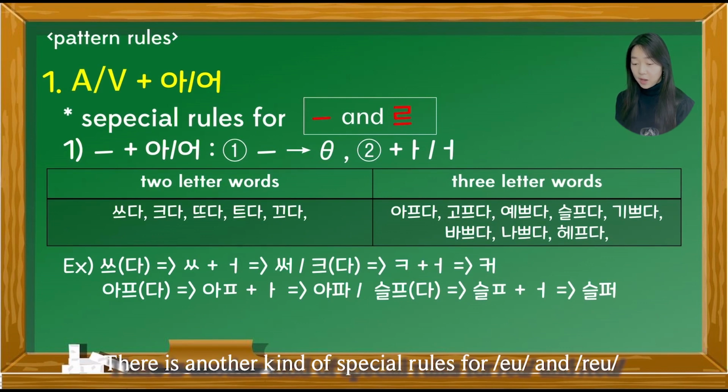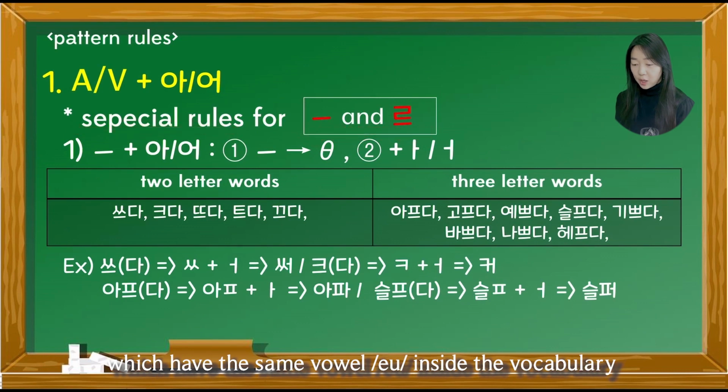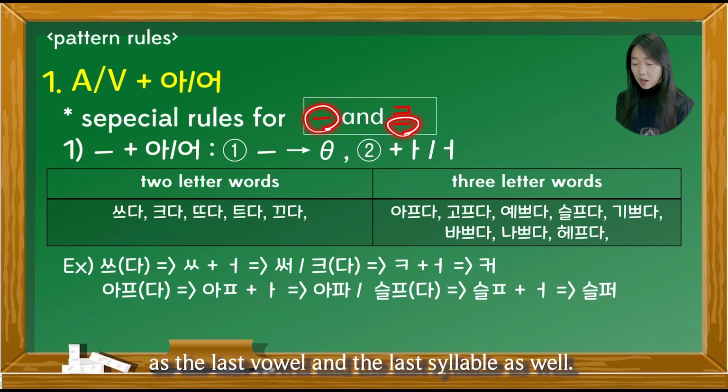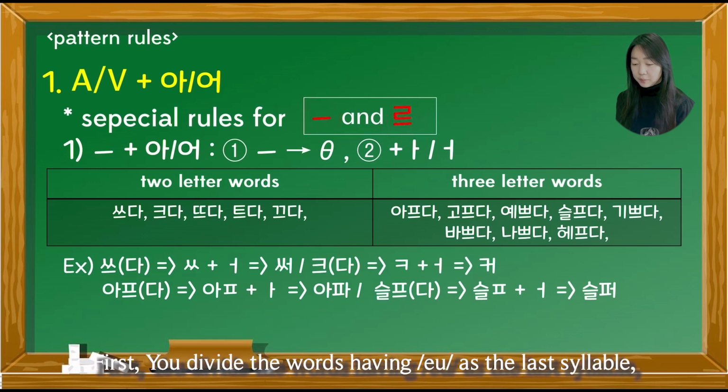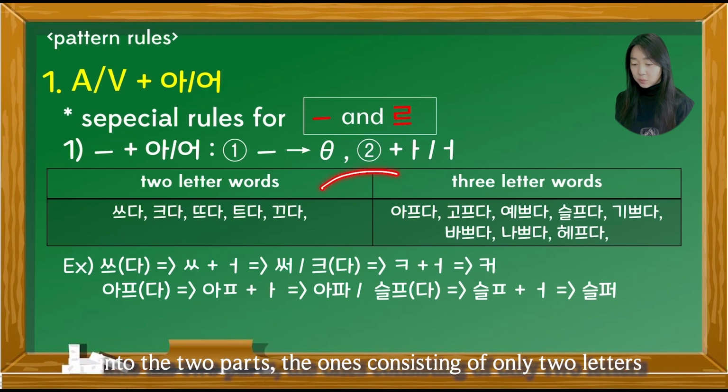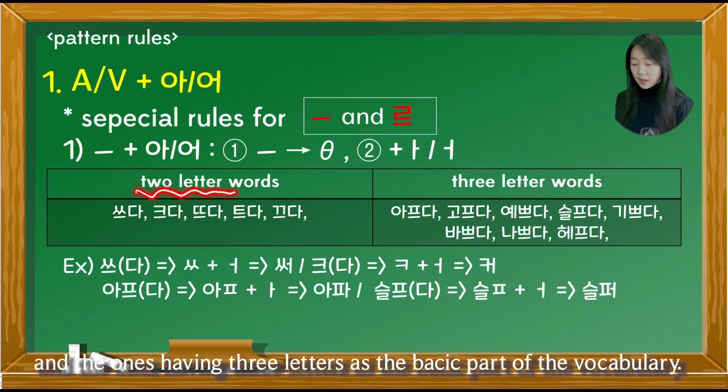There is another kind of special rules for 으 and 르, which have the same vowel 으 inside the vocabulary as the last vowel and the last syllable as well. First, you divide the words having 으 as the last syllable into two parts, the ones consisting of only two letters and the ones having three letters as the basic part of the vocabulary.